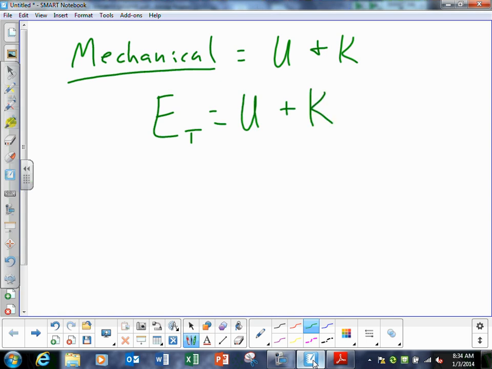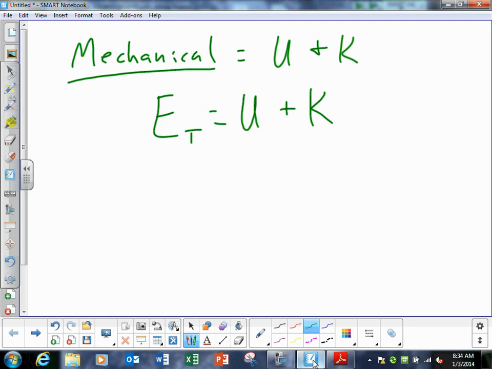And the total energy, if it is completely conserved, will be completely interchangeable. So if I lose kinetic, it turns into potential. You can see that when I throw this up: losing kinetic, gaining potential, then back down to kinetic.